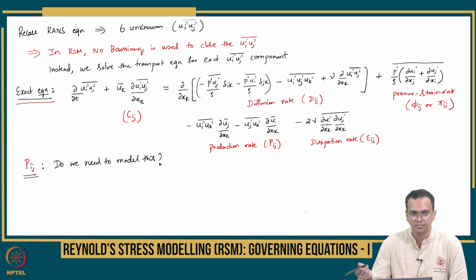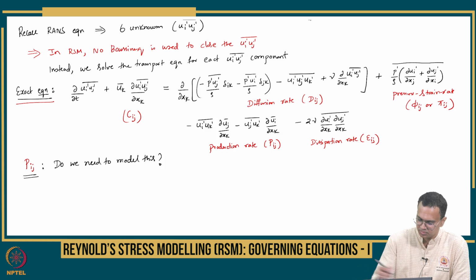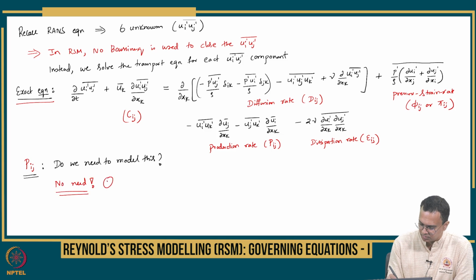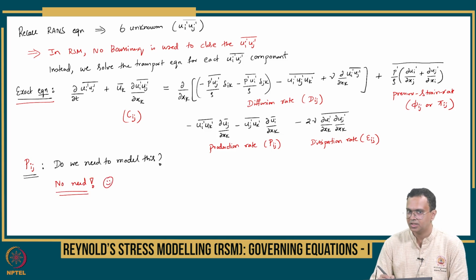Yeah, we don't have to model this at all because you are computing for the Reynold stresses, so it's available to you. You have access to Reynold stresses here, right? So this is the biggest advantage of RSM, no production rate to be modeled. This is the best part of the RSM here, right? Because Reynold stresses are available to you.